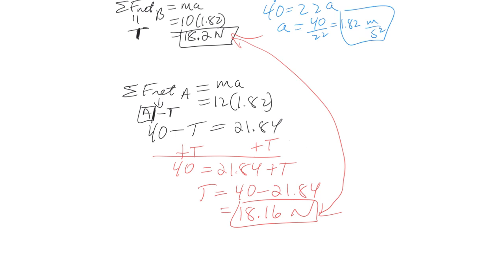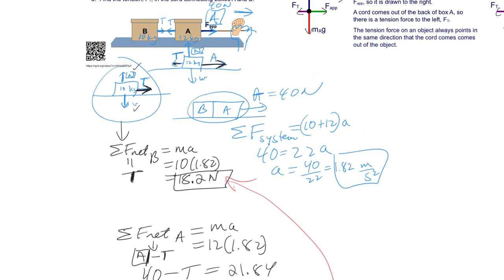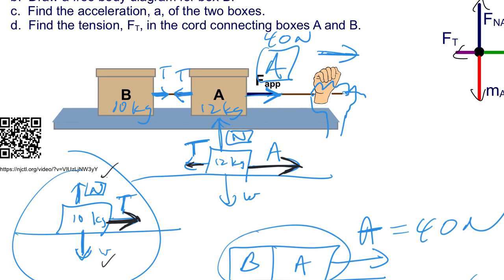So you don't have to do that. You can just do one of the boxes and find the tension, because the tension is the same in both strings. I'm sorry, it's one string. The tension is the same on both ends of that string because of Newton's third law.